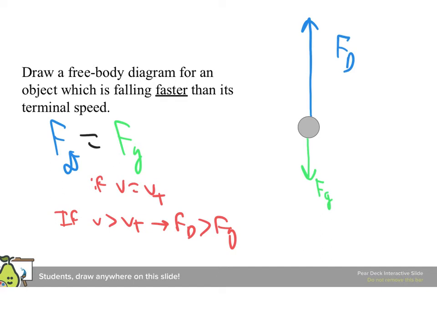All right, because remember that 1/2 times C_D times rho times A times V terminal squared, that by definition is the weight. If V is bigger than the terminal velocity, then, sorry, this is a bit messy. Remember that the terminal velocity is such that 1/2 the coefficient of drag times the density times the area times the terminal velocity squared is the weight.